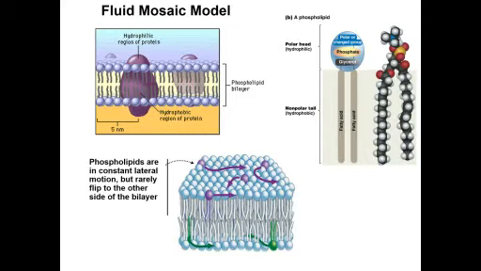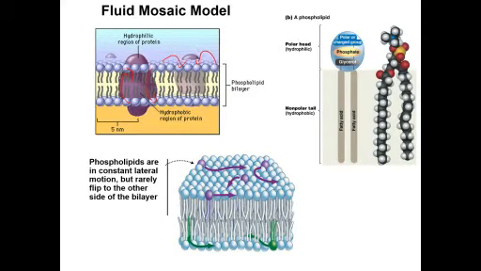Looking at this fluid mosaic model, here you have your lipids. Your lipids are wiggling and waggling. They can move back and forth, and they can even swap sides. Your proteins can move throughout this bilayer.